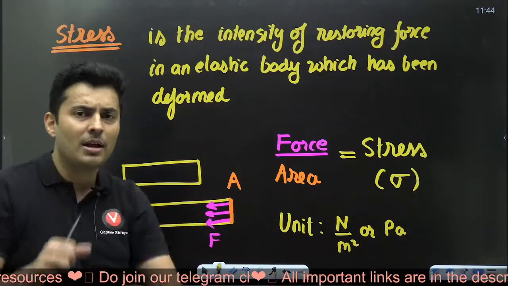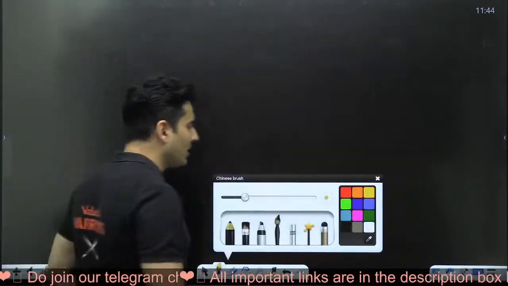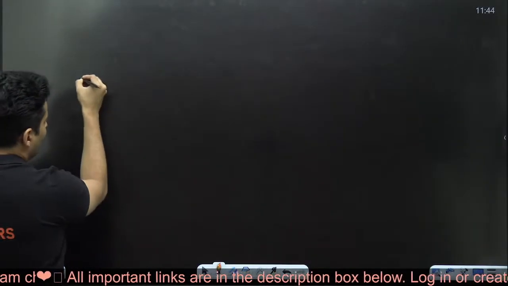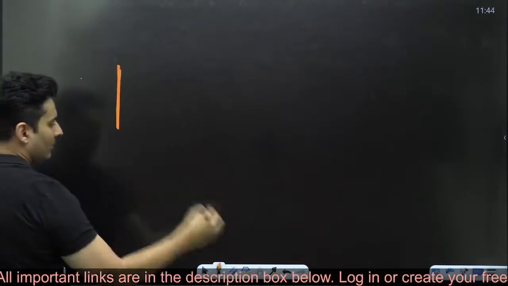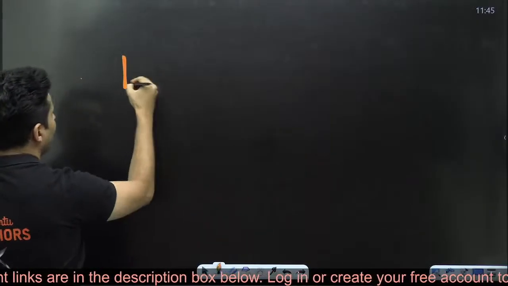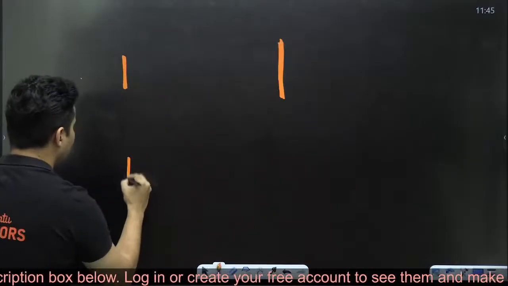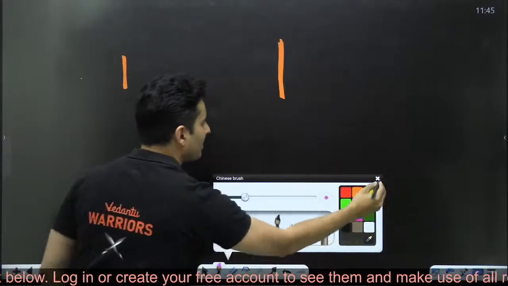How much force is there per unit area? So think about it, my dear students. If I have a large area, first I'll take decent area, then I will take large area, and then I'll take the same area but will take different force.